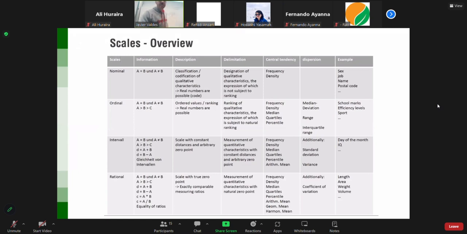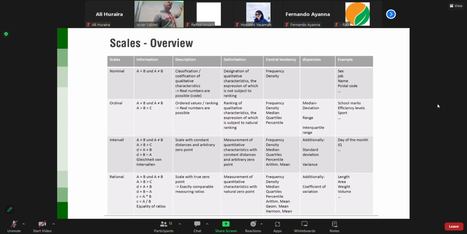Now, if you have ordinal data, you cannot calculate the standard deviation because you don't know what is the distance. The error. You need the concept of distance. Yes? The sum of squares, the goodness of it.